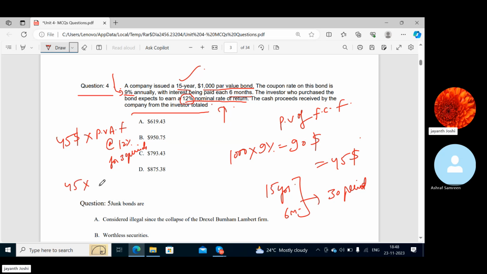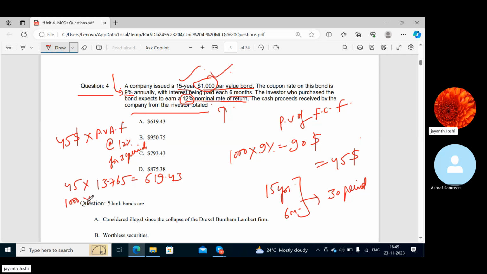I have the value, 13.765. It gives you 619.43. Correct? And on maturity, the company has to redeem the par value, right? They have to redeem this money what they have borrowed from the investors.